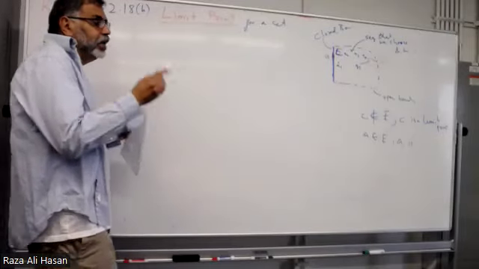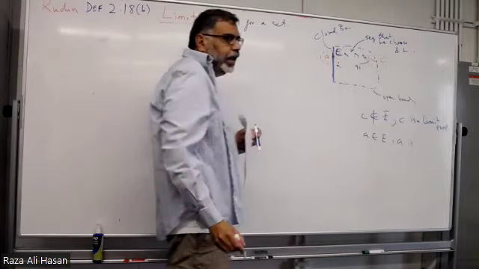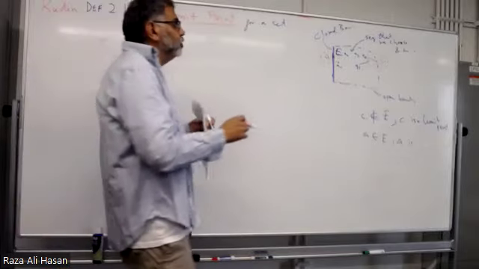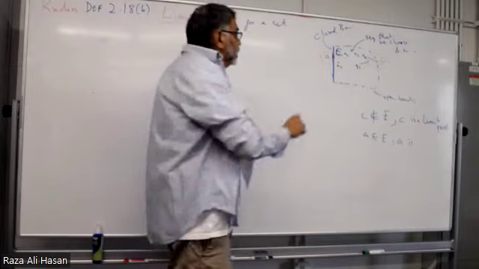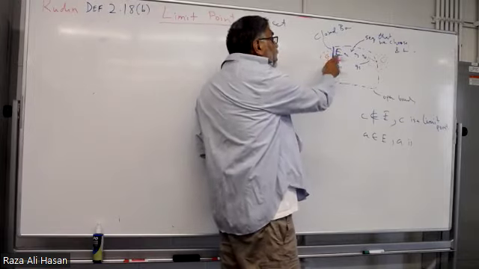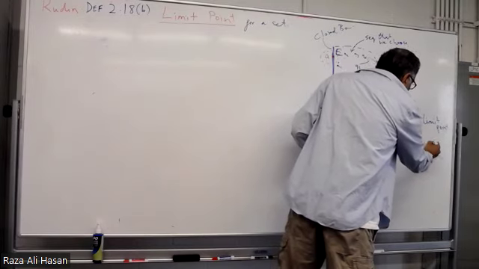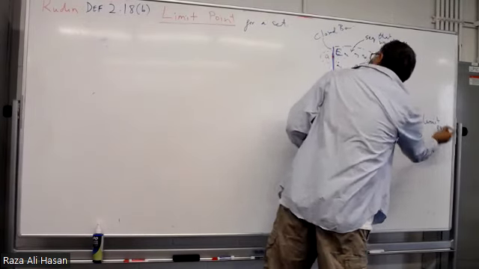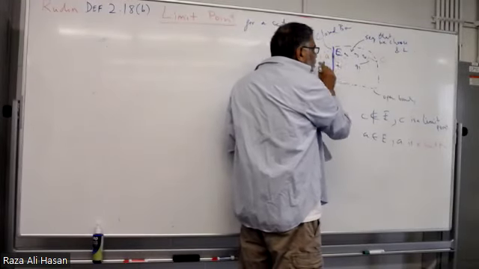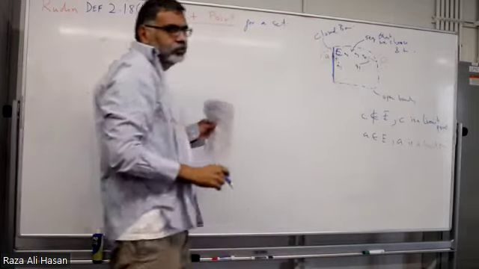The definition is that if we draw a ball or neighborhood around A, and in that neighborhood we find other points from that set E, then the point A, which in this case belongs to set E, is a limit point for E. So A is a limit point because if we draw a circle around it, however small you do it, it's going to have points from set E.